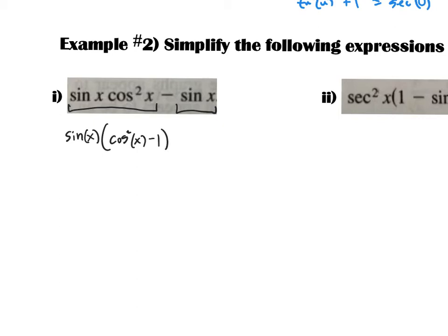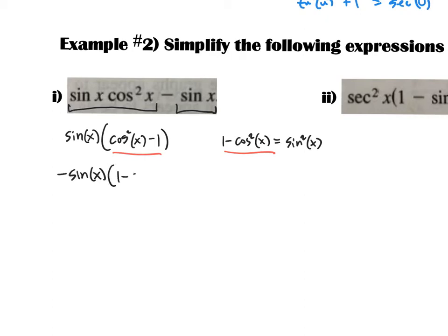Okay, now let me rearrange that slightly, because I know that there is an identity, but it's 1 minus cosine squared x equals sine squared x. So this term right here and this term right here are closely related. What I'm going to do is I'm going to pull out a negative sign.